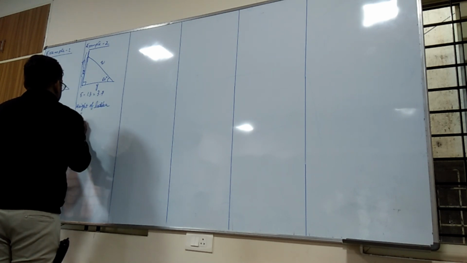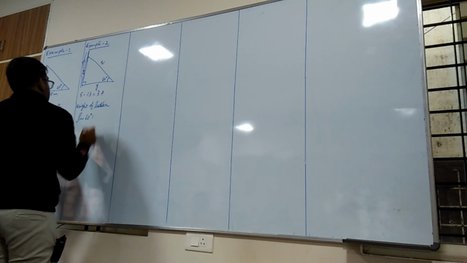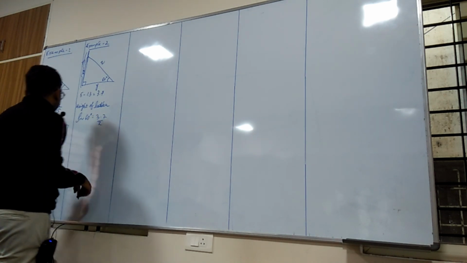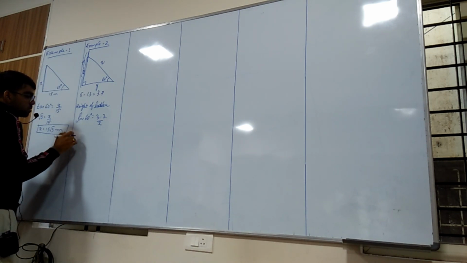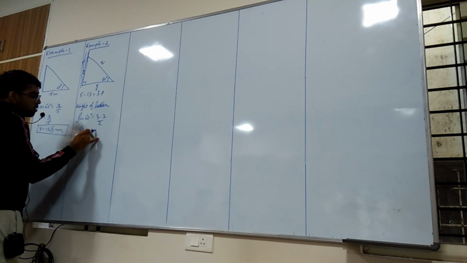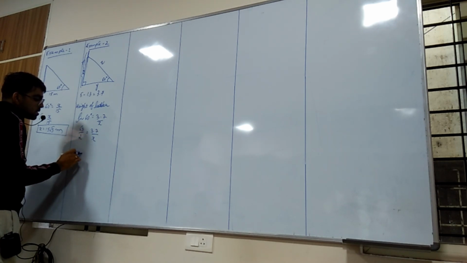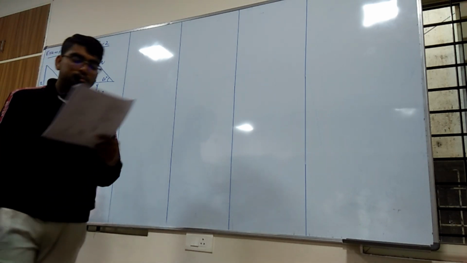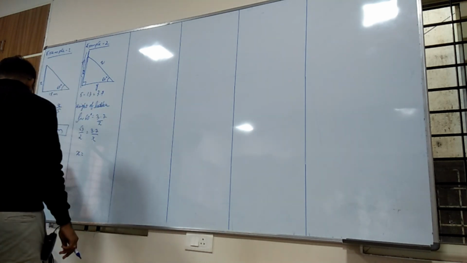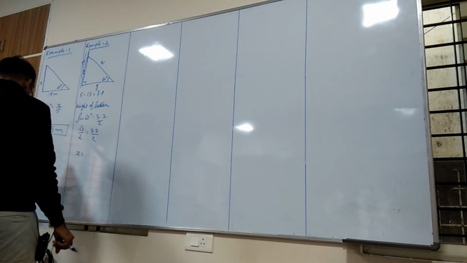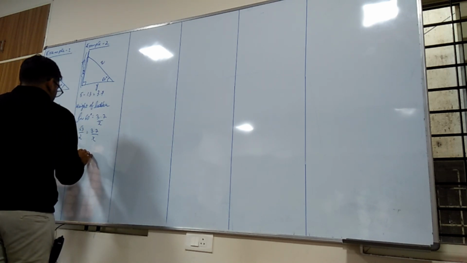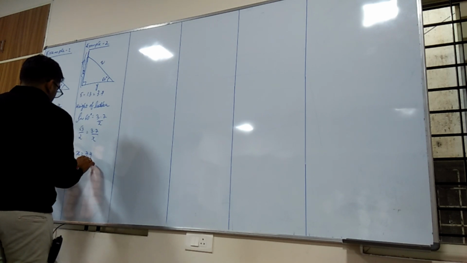It can be found out by sine 60 degrees, which is equal to 3.7 by x. What is sine 60? Root 3 by 2. So what is x? Root 3 x equals 2 times 3.7, which is 7.4. So x is 7.4 by root 3.